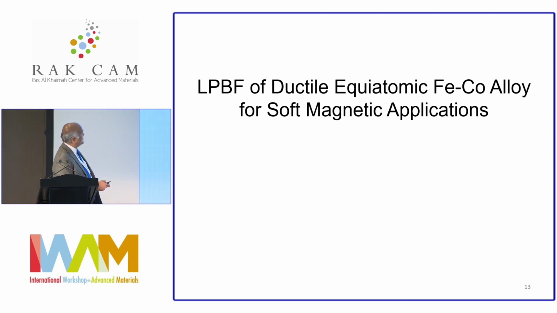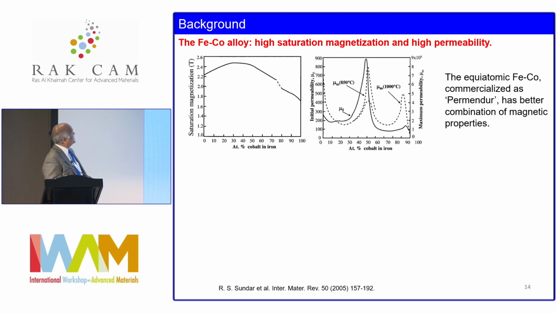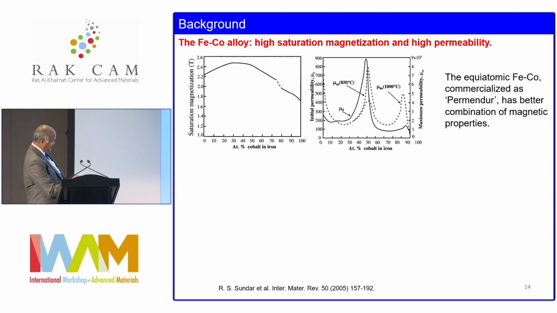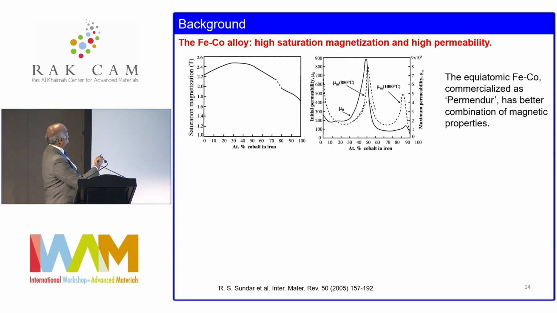This is the example of equiatomic iron-cobalt alloy for soft magnetic applications. Just a bit of background: if you have 50% cobalt in iron-cobalt, you get the best saturation magnetization and the maximum permeability.